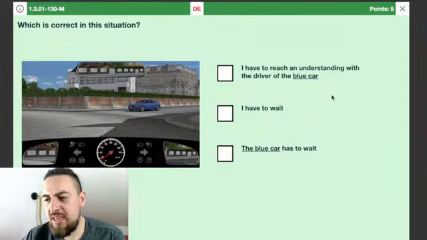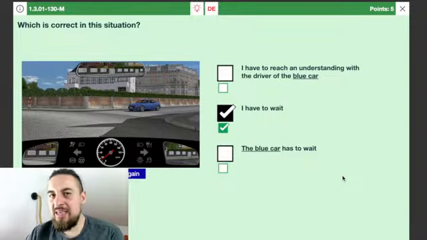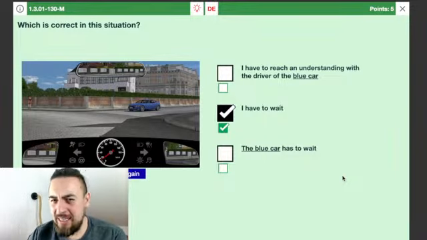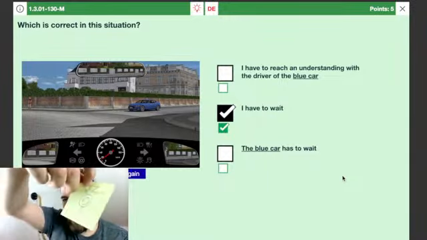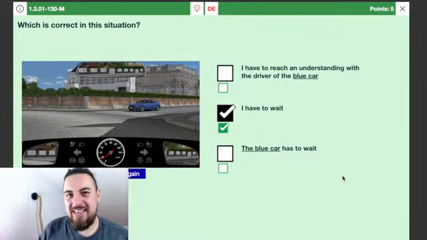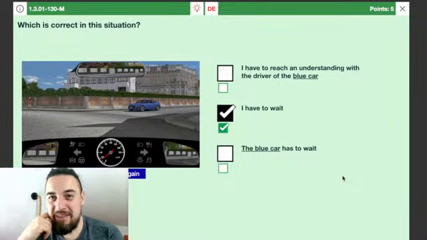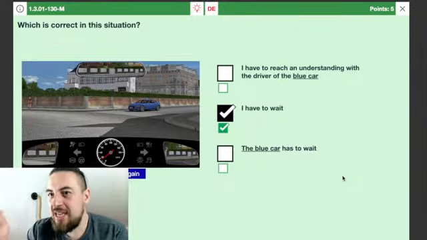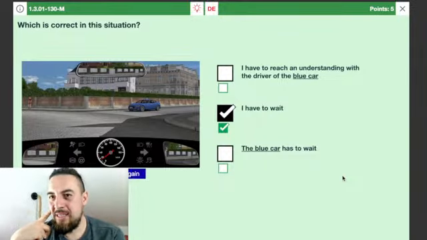The blue car has to wait. So the right answer in that case is I have to wait. Let's solve it. Yes, that's correct, because once again, it looked like it was a roundabout, but it wasn't, because there was not that sign, and that's why it's a normal right before left, even if the infrastructure looks like a roundabout.